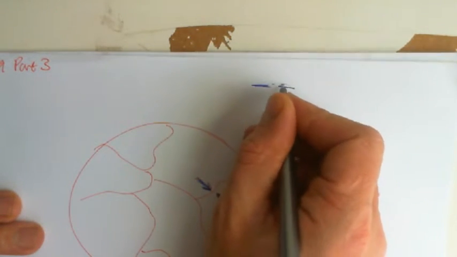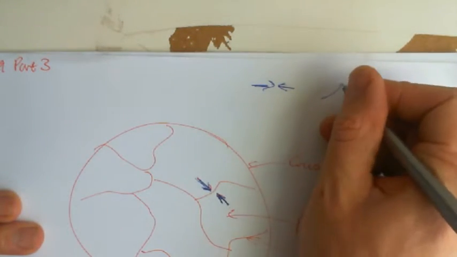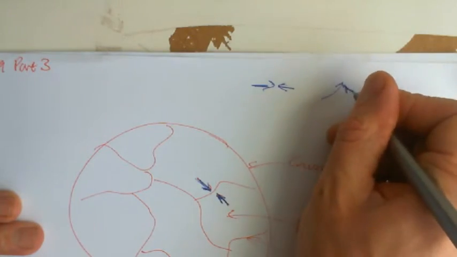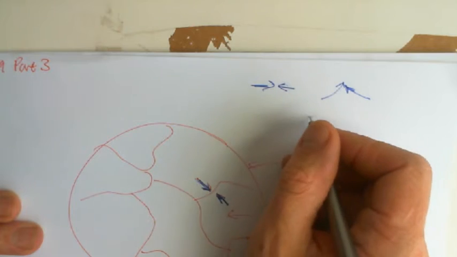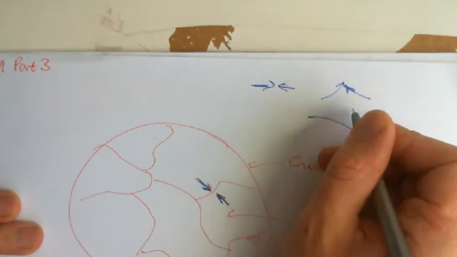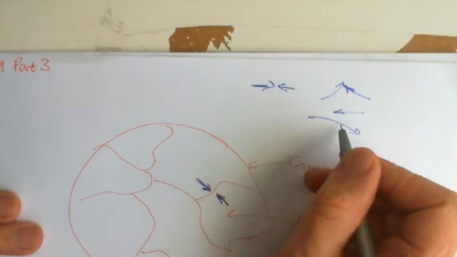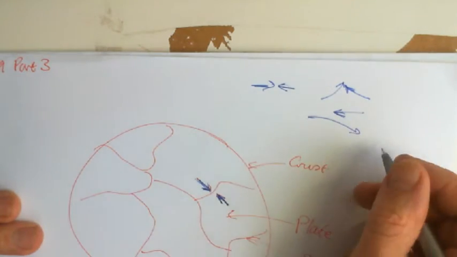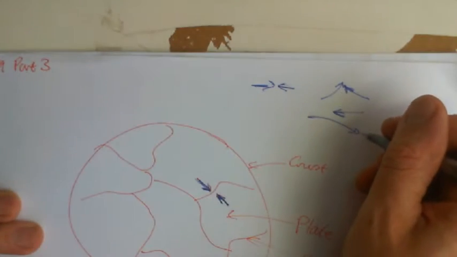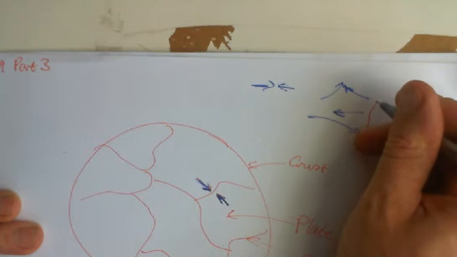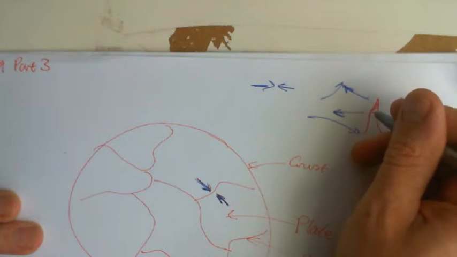So if they go into each other, either you'll get a mountain being formed like the Himalayas, where they're both being pushed into each other and going upwards, or you'll have one going underneath the other, and you have a subduction zone, and then when this one goes underneath it, this will melt up because it'll get hot and it'll come back up as a volcano.